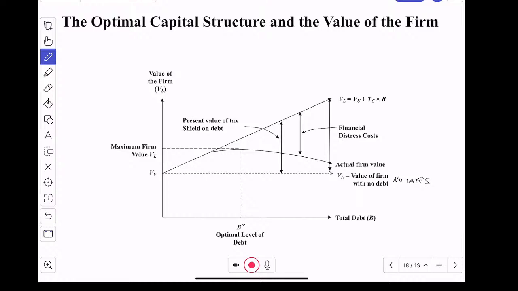Then we saw this when we introduced taxes but no default risk. But in this more realistic scenario, at some point, the firm value will be adversely affected by increasing amounts of debt. So this is actual firm value of what we just did here. Okay?